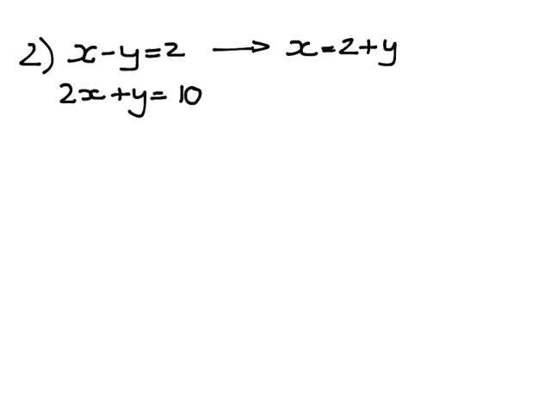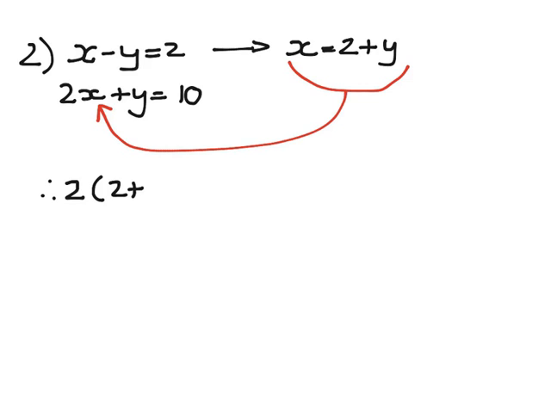Okay, now what you do is very simple. You take this value and you substitute in there. Just be careful now because of the 2. So it's going to become 2 brackets 2 plus y is equal to 10.